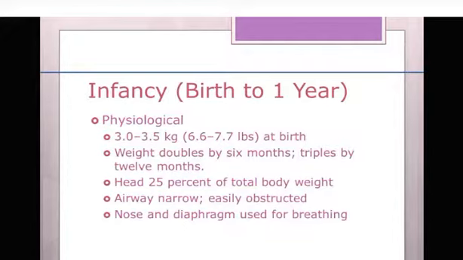Physiologically, babies at birth, and these numbers will vary depending on what you read, on average weigh 6.5 to 7.5 pounds. By the time they're 6 months old, their weight should double, and by the time they're a year old, their weight should triple. An interesting thing about babies is their head accounts for about 25% of their total body weight.